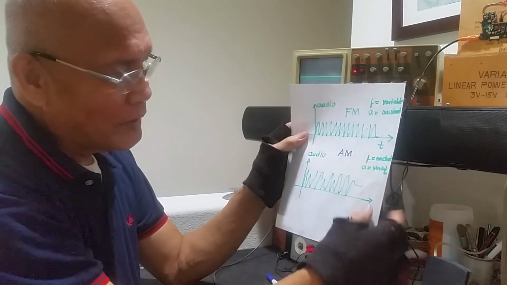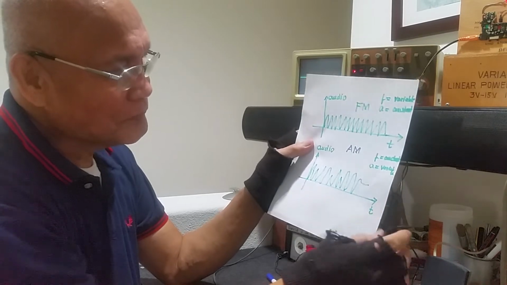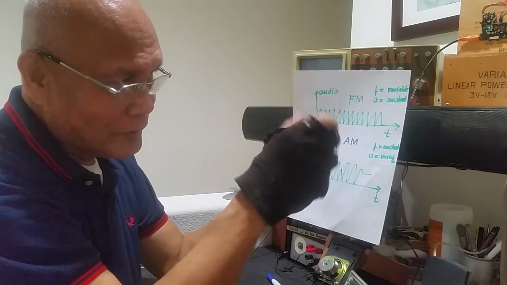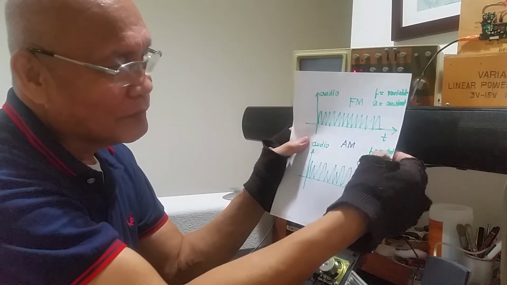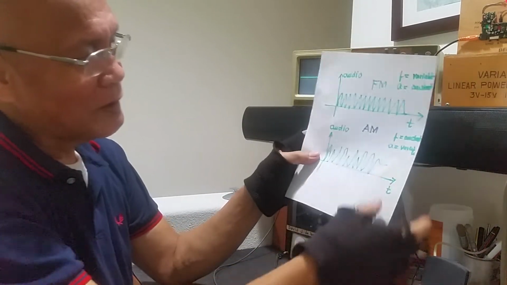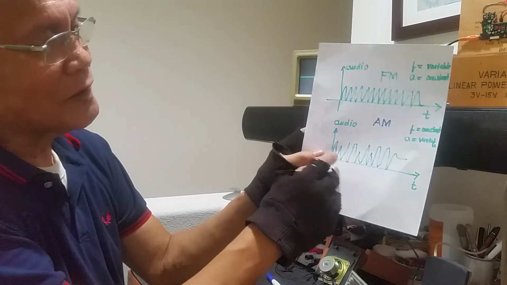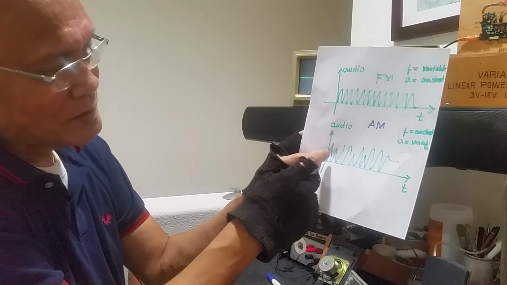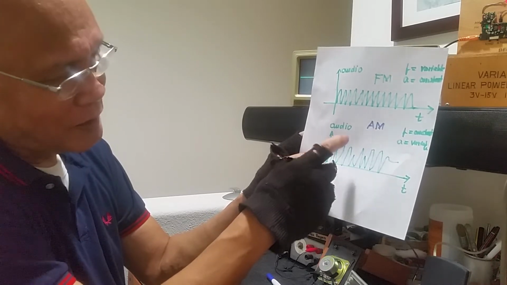For an AM receiver, the frequency is constant and the amplitude is variable. The picture is something like this. You see how the graph rises up, then goes a little bit down.